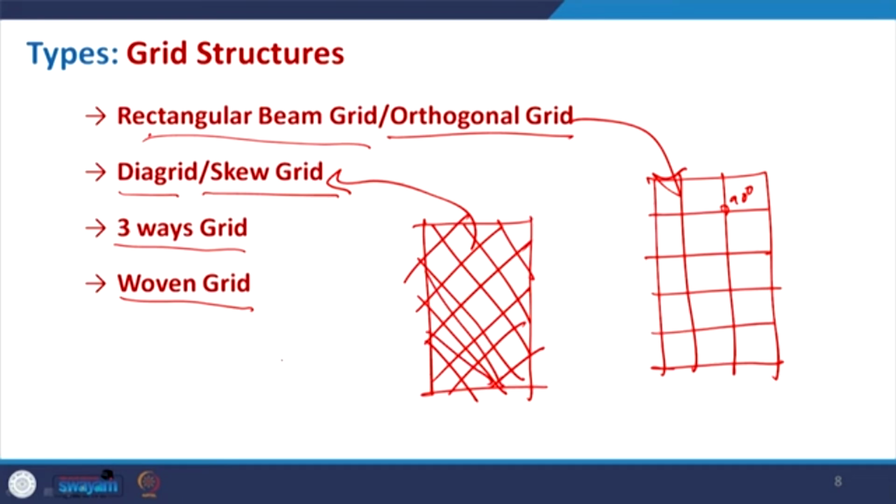Three-way grid refers to a grid of triangles, where triangulation takes place so that it can develop the grid pattern. An open grid is basically something where you have some kind of interlacing between the members.